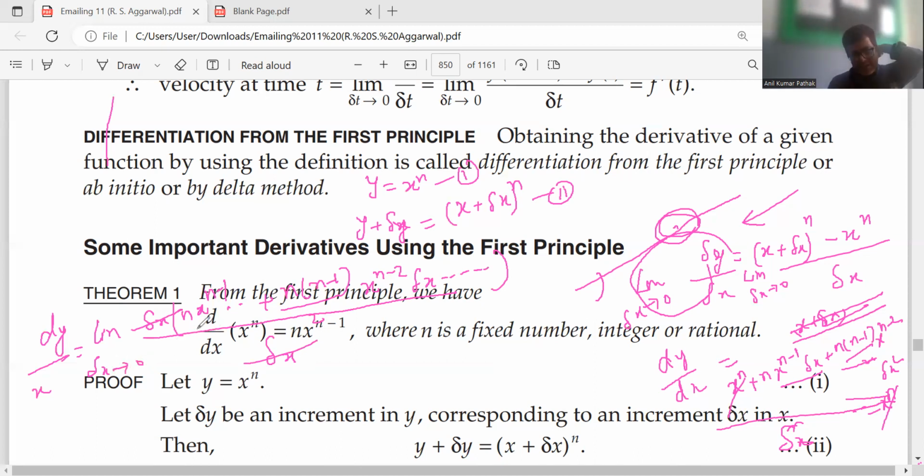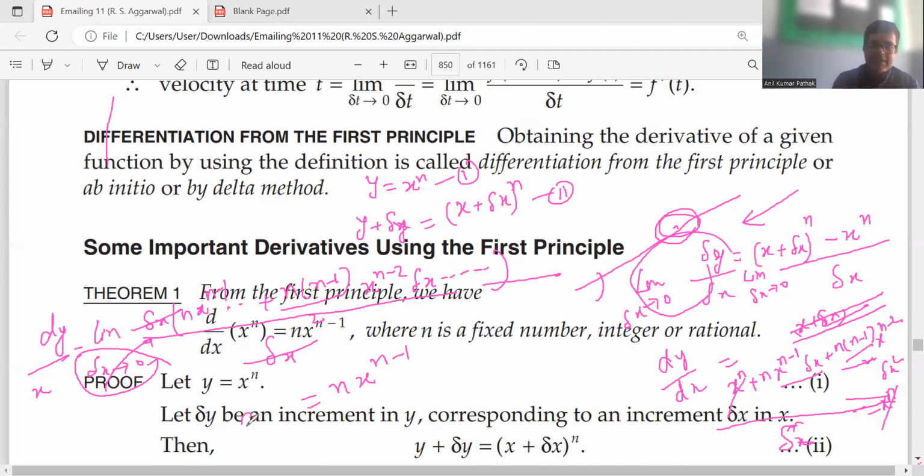Now you have this as a polynomial function, and we know for a polynomial function, to find the limit we just substitute the value of the variable. So if you put it in, you will get n into x to the power n minus 1.